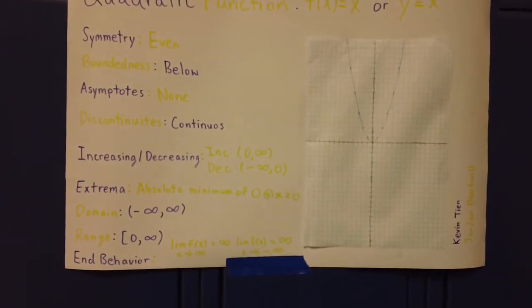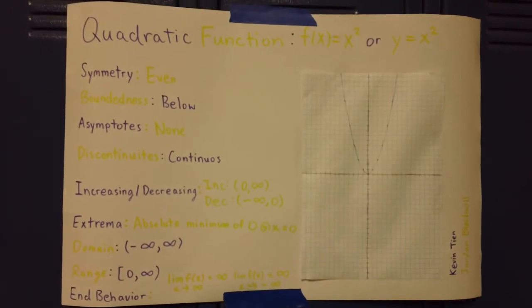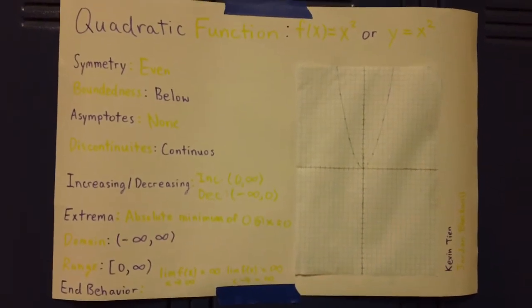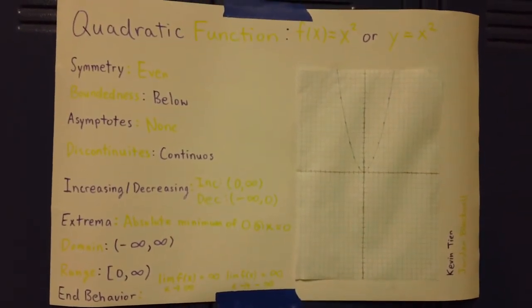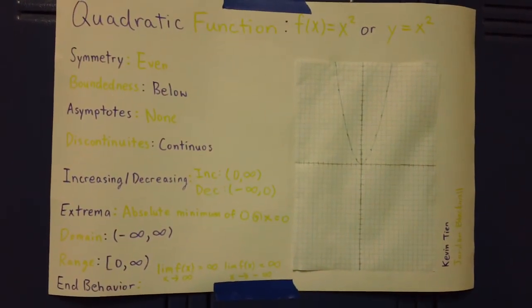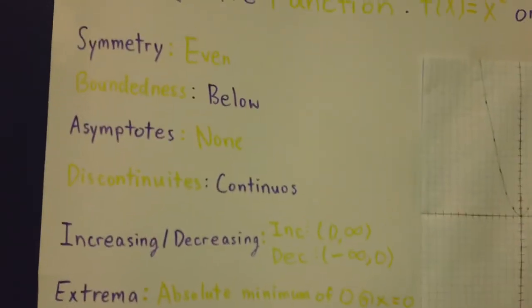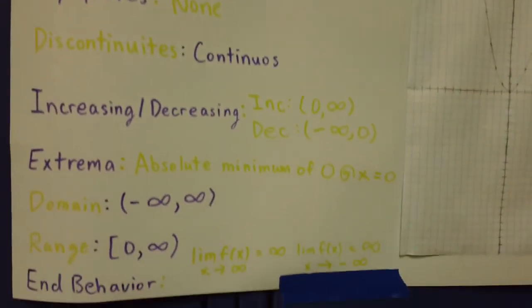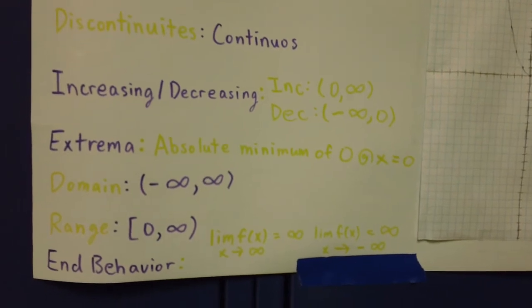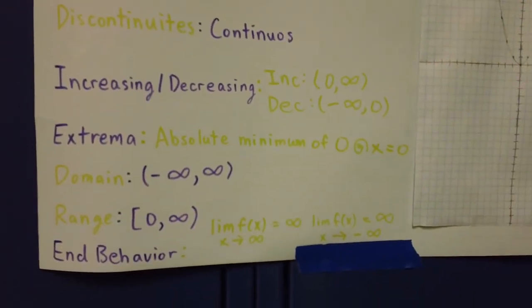The extrema is absolute minimum of 0 at x equals 0. The domain is negative infinity to infinity. The range is 0 to infinity. And the end behavior is a limit of f of x as x goes to infinity and a limit of f of x equals infinity as x goes to negative infinity.